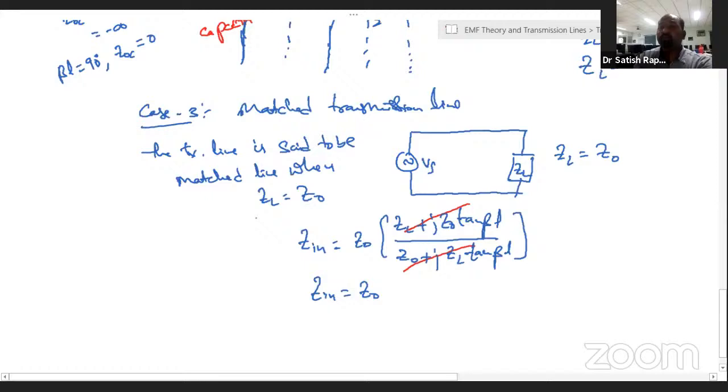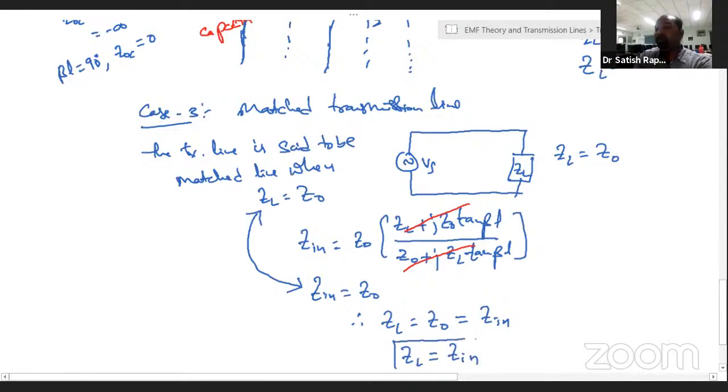So if we combine these two, Zin is equal to Z0 and ZL is equal to Z0, therefore ZL is equal to Zin.